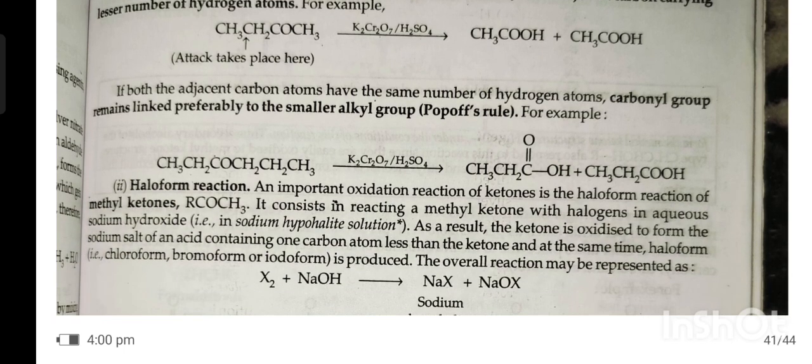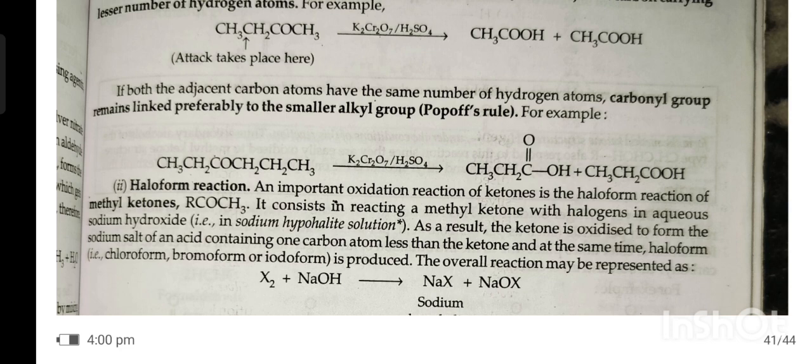Second, the haloform reaction. An important oxidation reaction of ketones is the haloform reaction of a methyl ketone. It consists of reacting a methyl ketone with halogen in aqueous sodium hydroxide. As a result, the ketone is oxidized to form the sodium salt of an acid containing one carbon atom less than the ketone, and at the same time a haloform, such as chloroform, bromoform or iodoform, is produced.